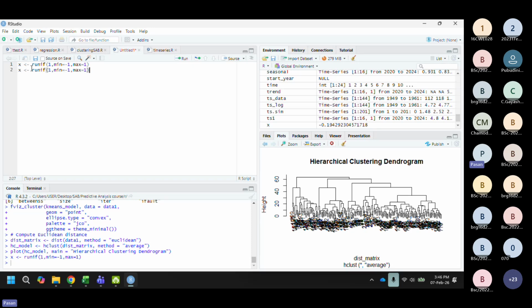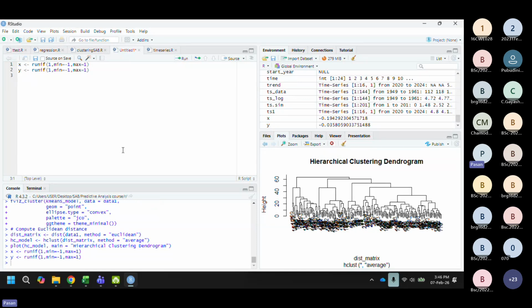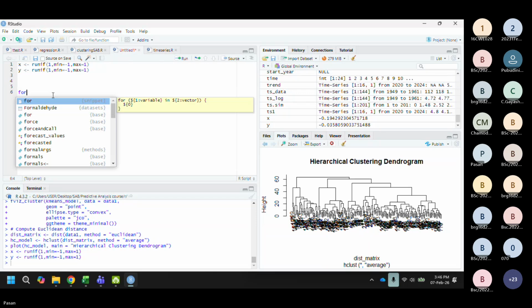And I can use the same command for the Y. So I have the two random numbers X and Y like that, right? And then of course, I will go over here, and then I can go with some for loop or something like that, right?